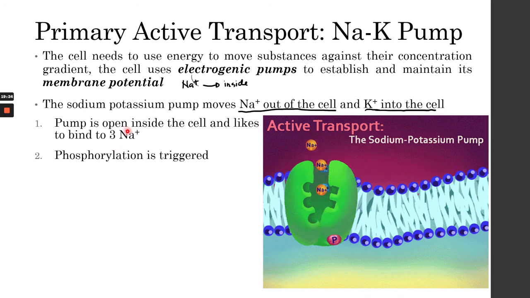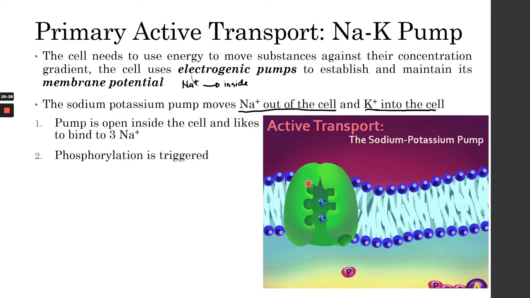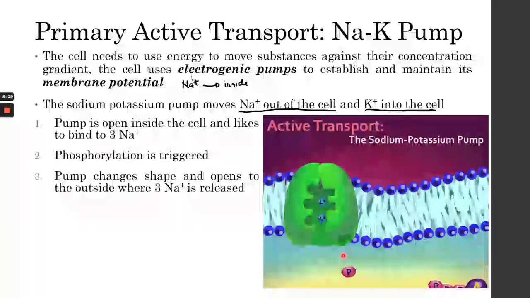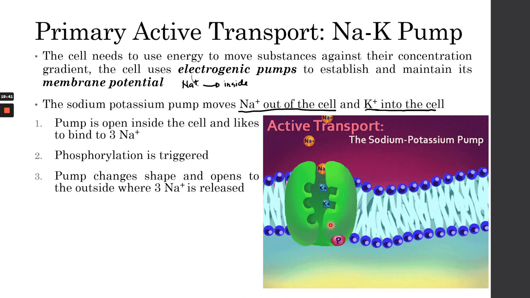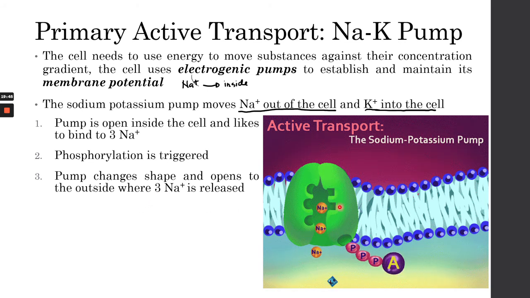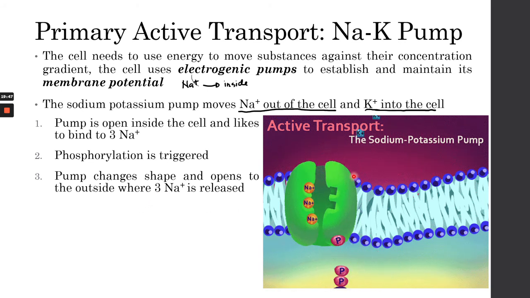So this happens after na yung sodium mabind dun sa ating pump. When three sodiums bind onto the pump, phosphorylation happens. And what the phosphorylation does is it changes the shape of the pump by opening itself to the outside of the cell. So kung papansin nyo, after phosphorylation, nag-iba yung shape niya.